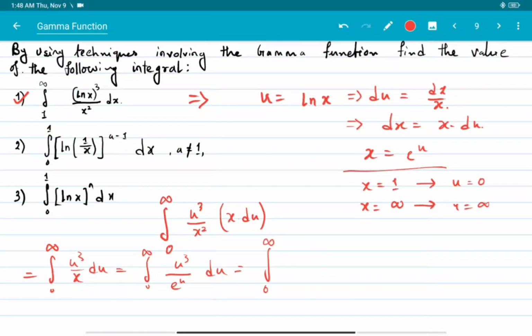We can write this as e to the power minus u times u to the power 4 minus 1 du, and that is nothing but gamma 4, which is 3 factorial, and this is 6. So the answer of this integral is 6.